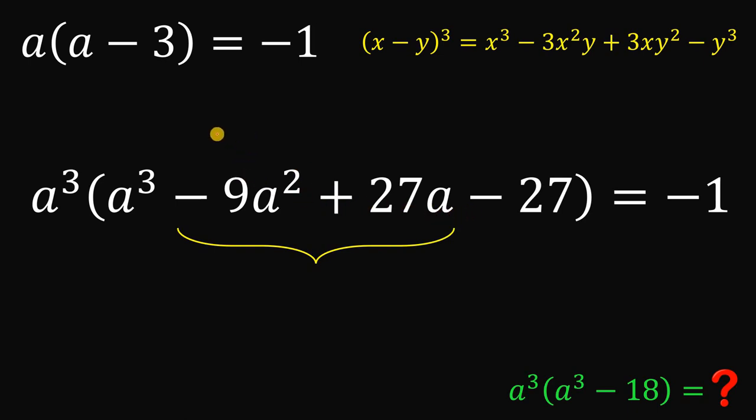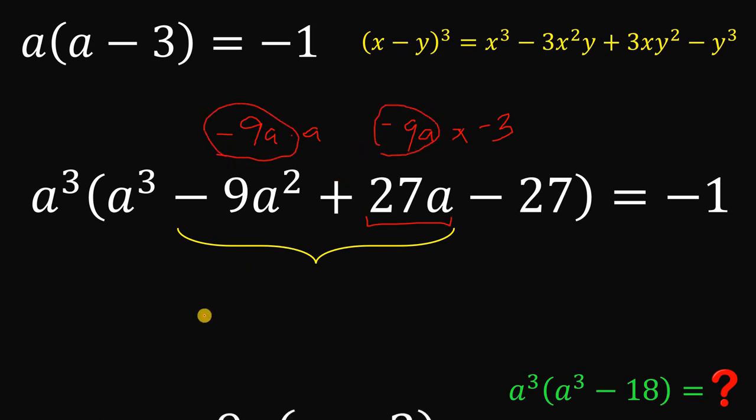Now, take note, the common factor of this is negative 9a, because negative 9a times a will give us negative 9a squared, and negative 9a multiplied by negative 3 will give us positive 27a. So we can factor out a common factor of negative 9a.